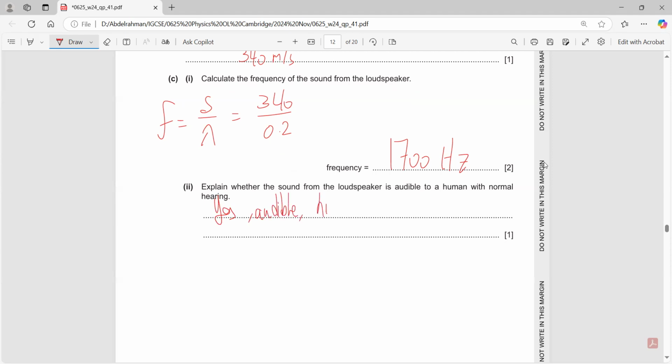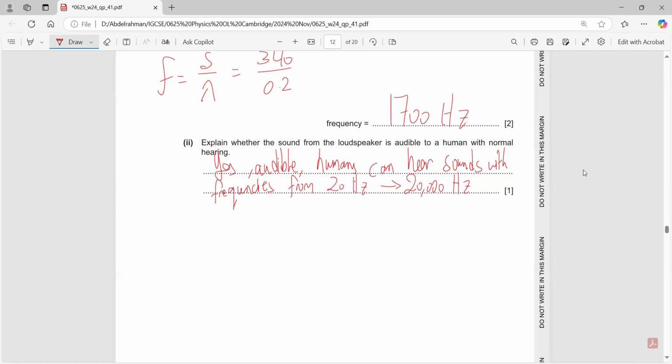Because humans can hear sounds with frequencies from 20 hertz up to 20,000 hertz. Yes, this is the normal range for humans.